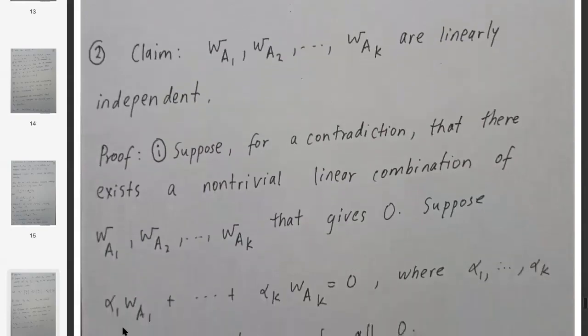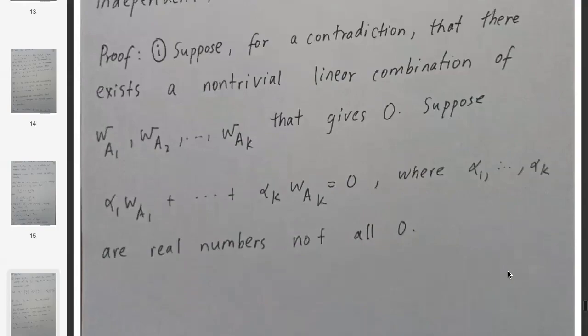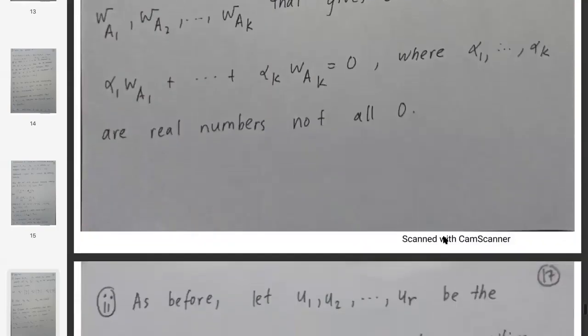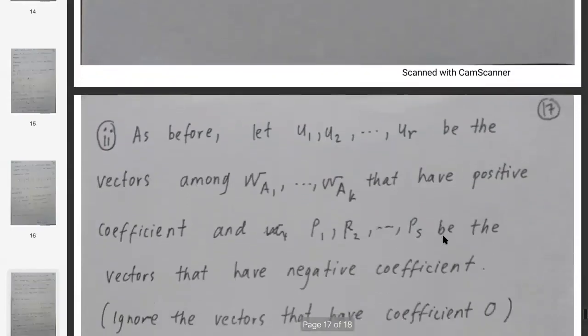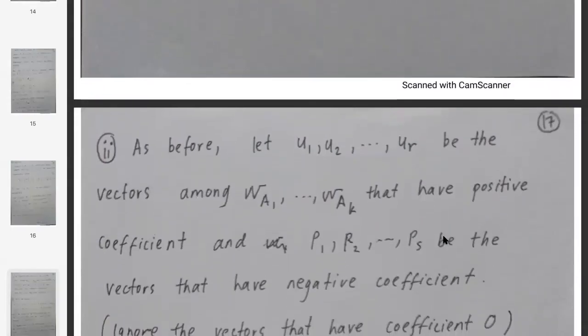So suppose alpha 1 wa1 plus alpha k wak equals 0, where alpha 1, alpha 2, alpha k are real numbers which are not all 0. This is the definition of linear dependence. As before, let u1, u2, ur be the vectors among wa1, wa2, wak that have positive coefficient, and p1, p2, ps be the vectors that have negative coefficient.